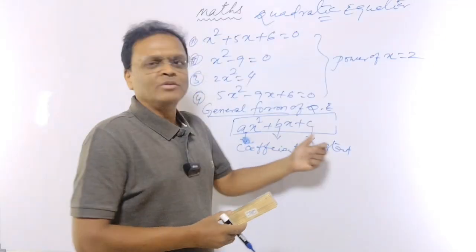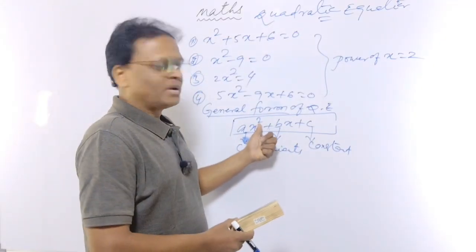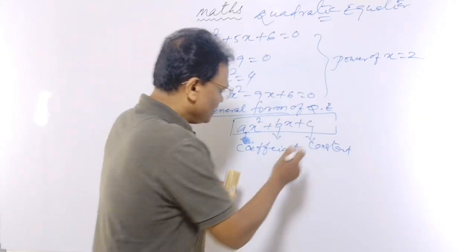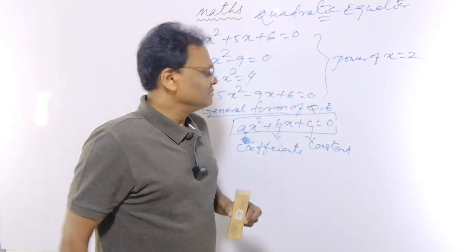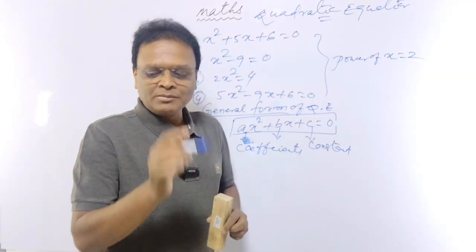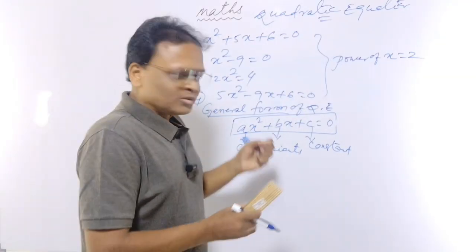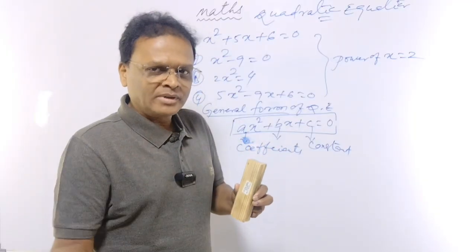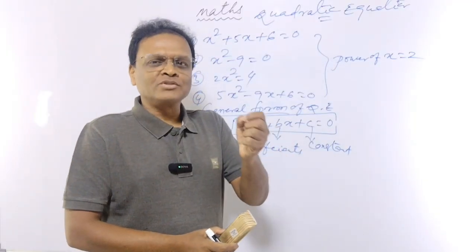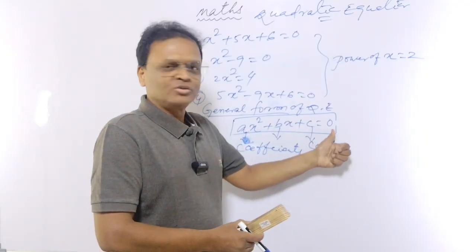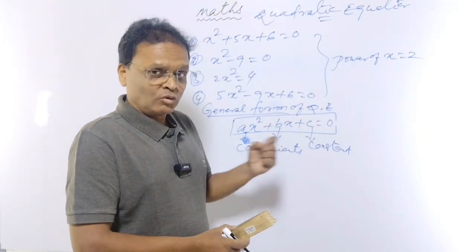The name of the polynomial is quadratic polynomial, quadratic because the highest power of x is 2. But if I write equals to 0, this becomes an equation. The name of the equation is quadratic equation. So the difference between a quadratic polynomial and a quadratic equation is only the equals to 0. And a, b are the real coefficients.